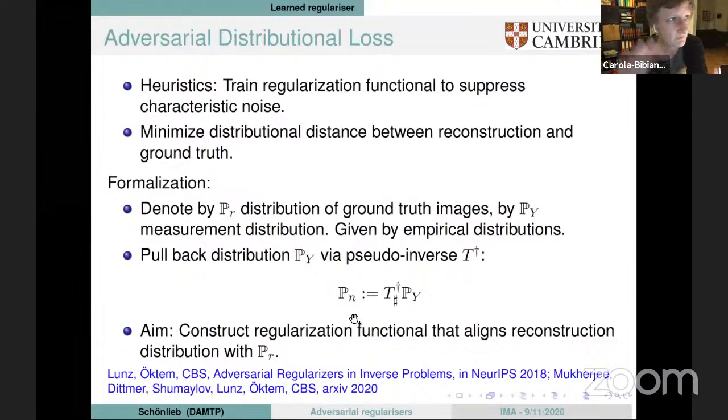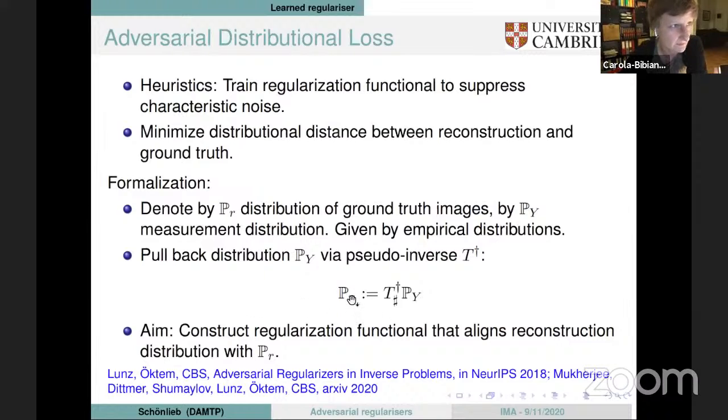Now the pseudo inverse, without explaining too much about it, in CT is just a filtered back projection. I'm just doing the most basic reconstruction that I know will show me all these typical artifacts and characteristic noises of the inverse problem that I now also want to take into account when training the regularizer.